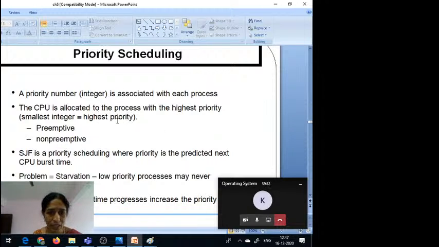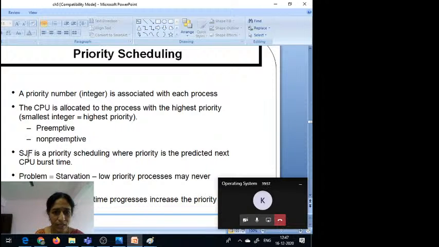Here the highest priority is the smallest integer. So which process has the smallest integer? That goes to the highest priority, and the CPU is allocated to that particular process for execution.